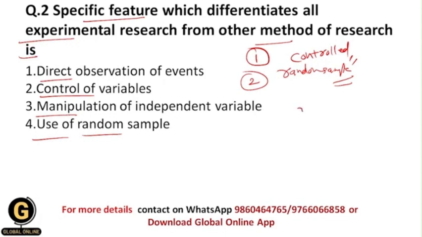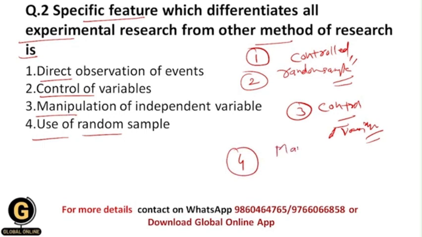Okay, now next is control of variables. We have proper, or you can say complete, control on the variables in the study. Basically, we control all the other variables in the experimental research apart from the variable which is under study. And the fourth one is manipulation of independent variable.